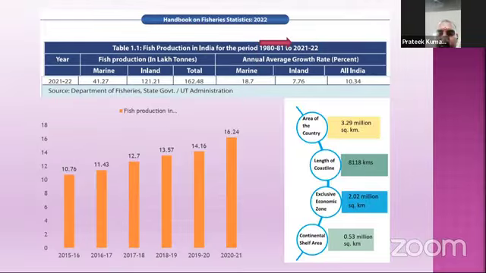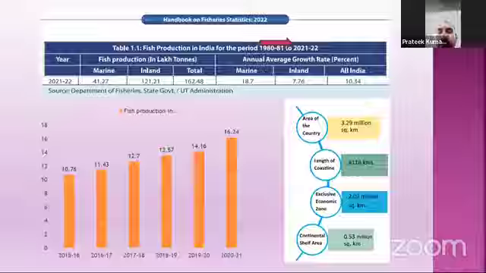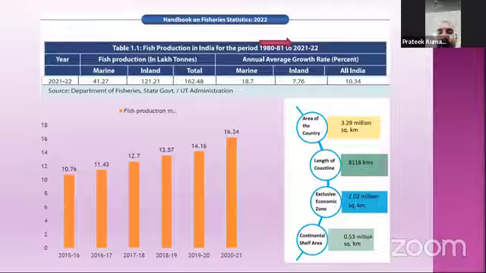Here we can see a graphical presentation related to fish production in India, for the period from 1980-81 to 2021-22. We can see continuously rising growth, and from 2015 to 2020 till 2021 the growth is continuously in an upward direction.